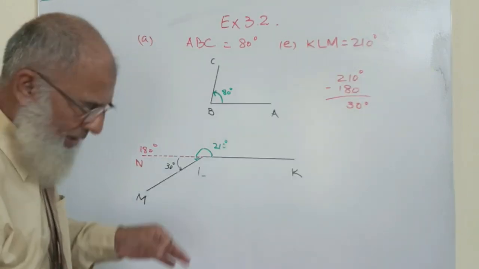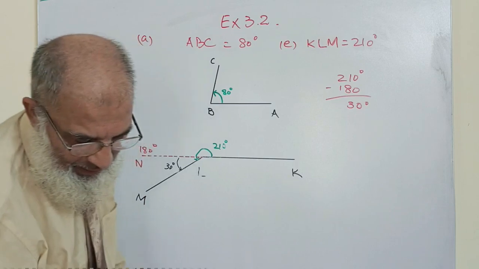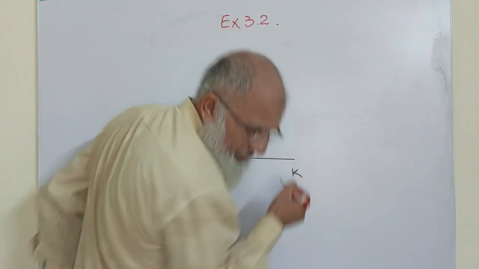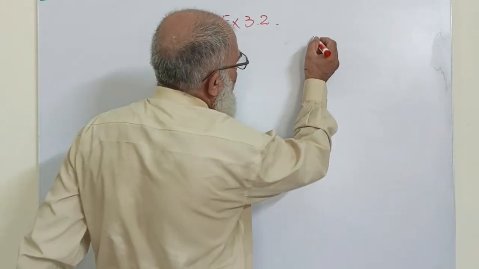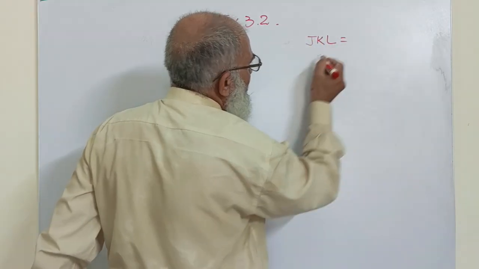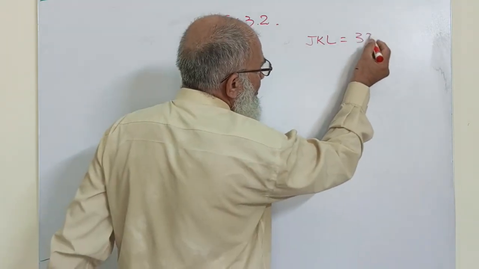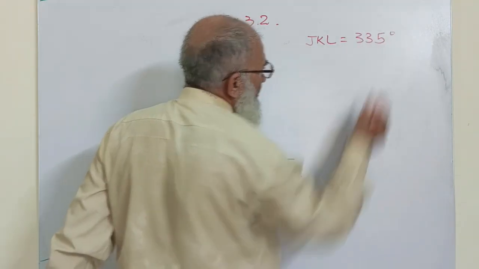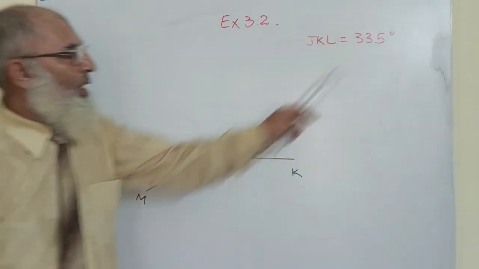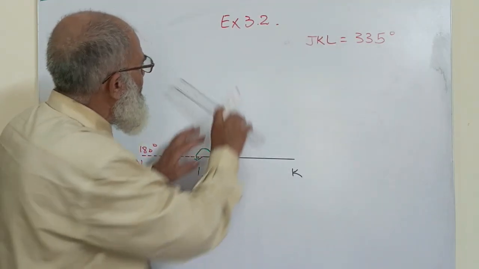Now the last question which I am going to do from this exercise is angle JKL, 335 degrees. I'll do it with both the D's and demonstrate it to you.